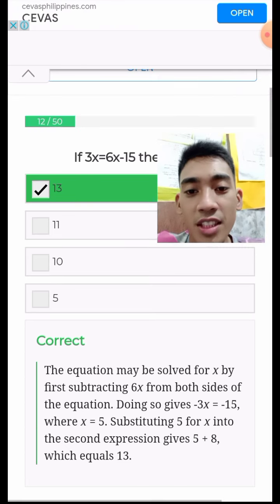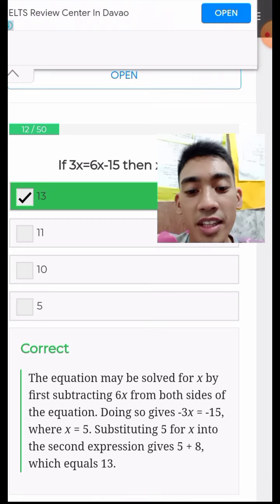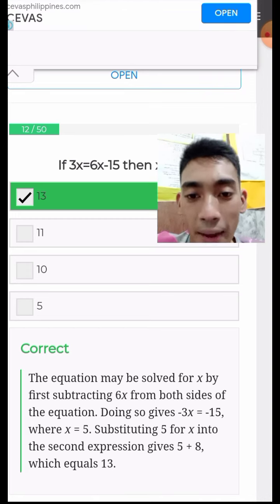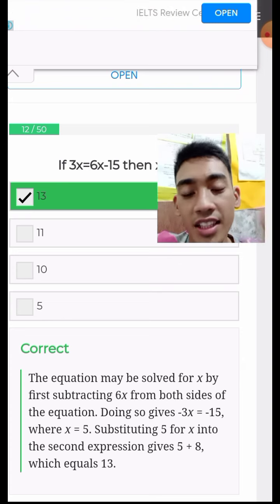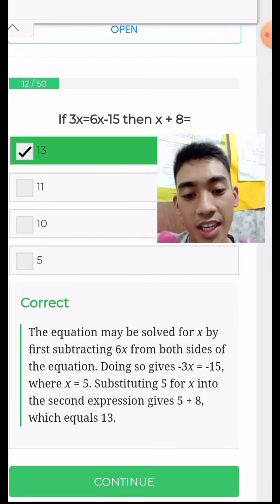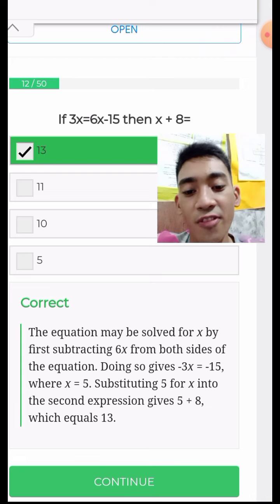As we all know, we transpose 6x together with 3x. Since 6x is positive, it will become negative 6x. Negative 6x plus 3x, different signs, subtract, and then copy the sign of the biggest value. So that is negative 3x. Divide both sides by negative 3. So negative 15 divided by negative 3 will give us 5.